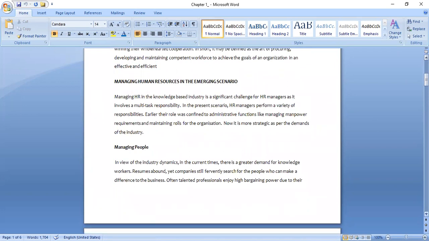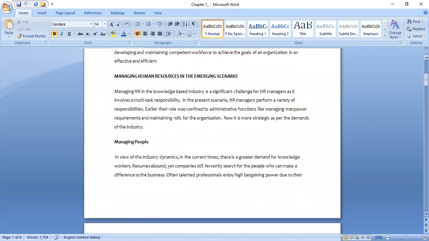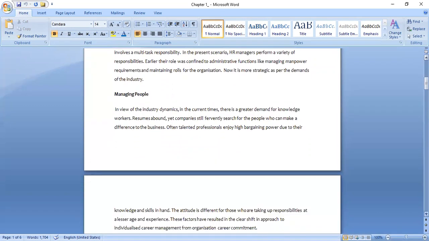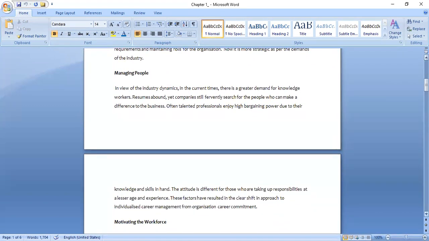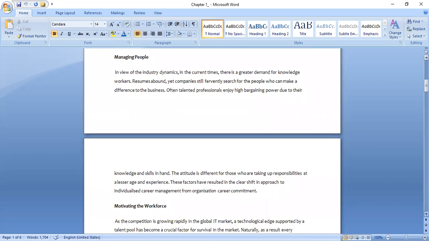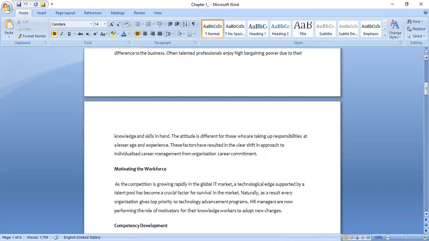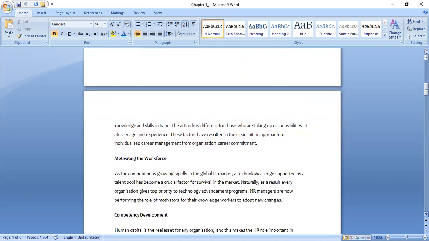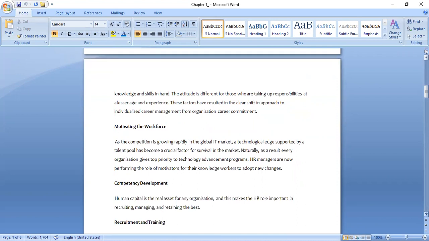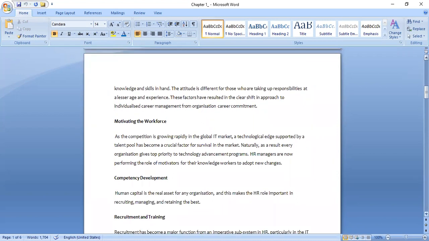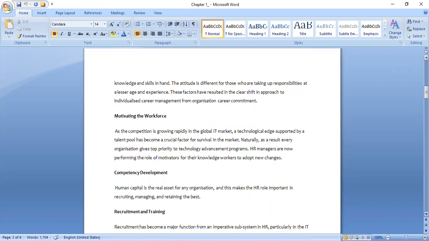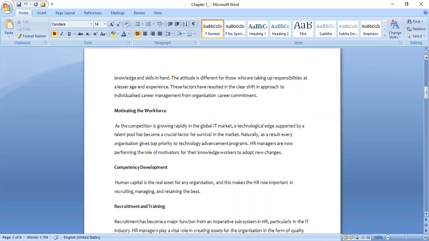Now, it involves a number of activities. Like we've already seen, it involves managing people, managing employees. It also involves motivating the workforce. The motivation can either be monetary or non-monetary, right?